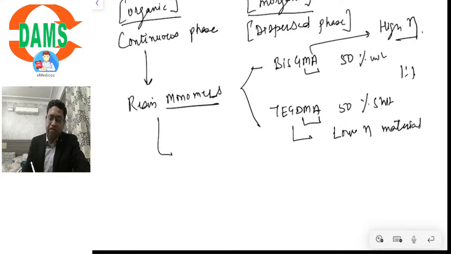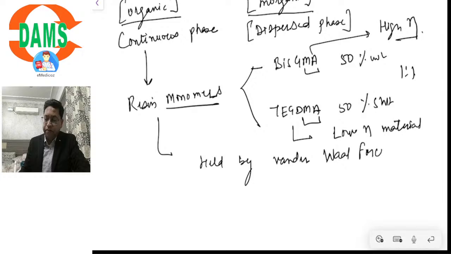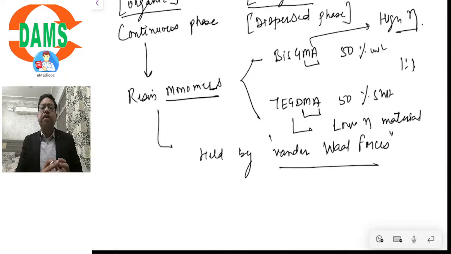These resin monomers are held by van der Waals forces. In the uncured or unset composite that we procure as a restorative material, the resin monomers, principally methacrylate resins like bis-GMA and TEG-DMA, are held together by van der Waals forces.